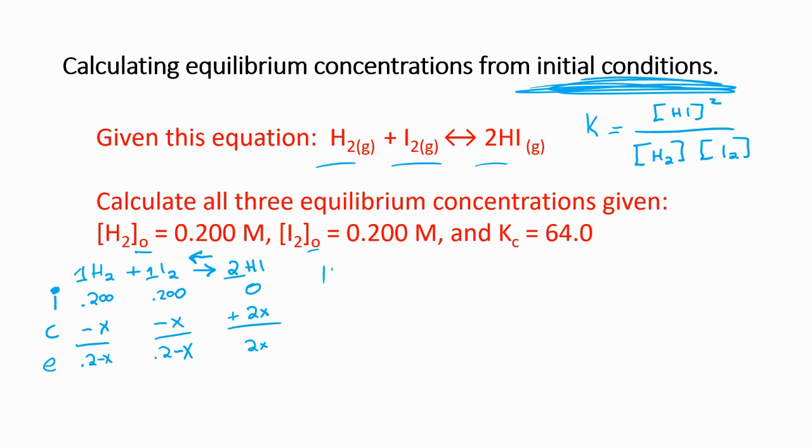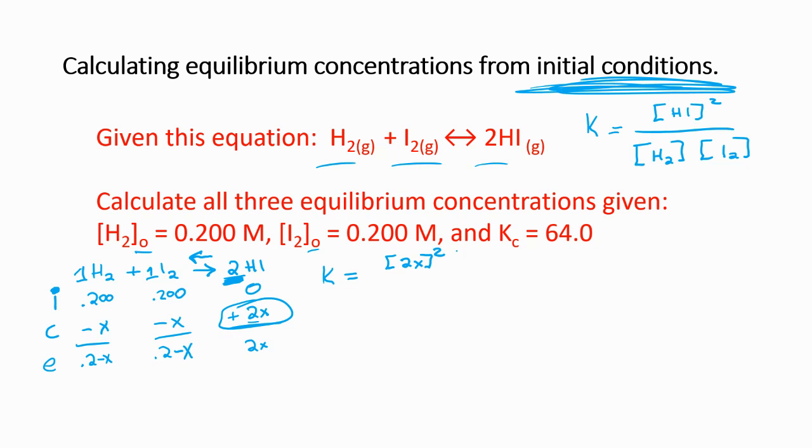So if I plug this into an equilibrium expression, it's going to look like 2x all squared. Notice that we use that 2 right here, the coefficient. We use it twice. We use it as part of our stoichiometry, which is what we're doing there.